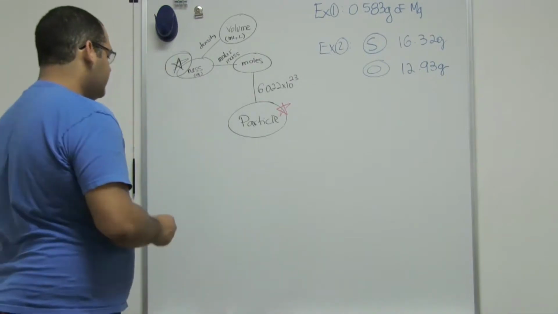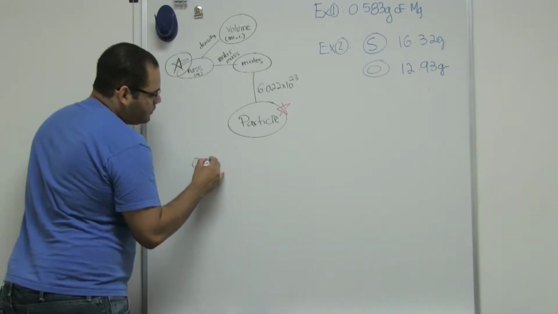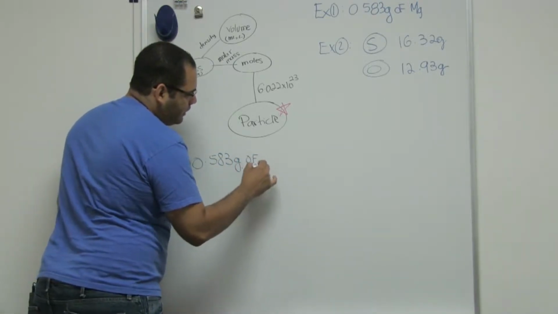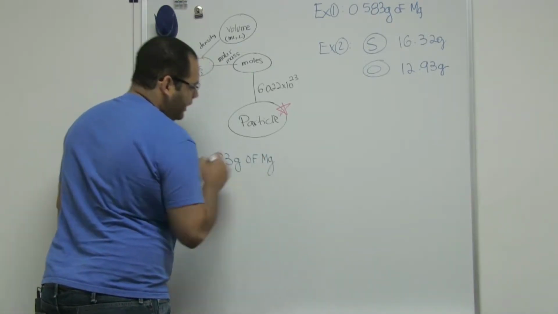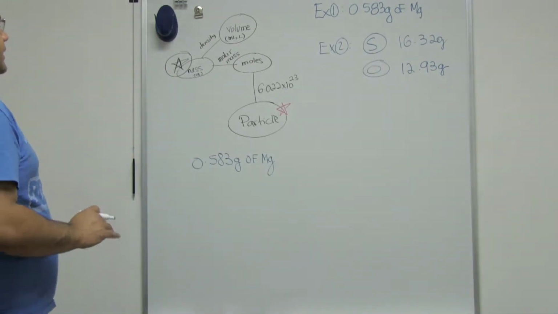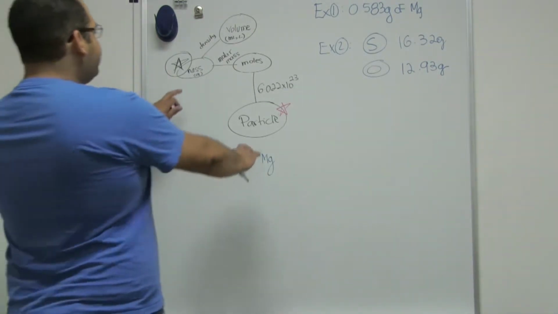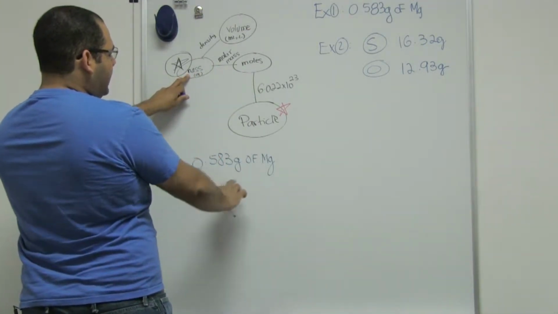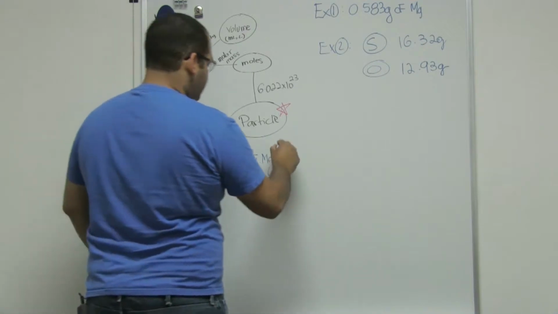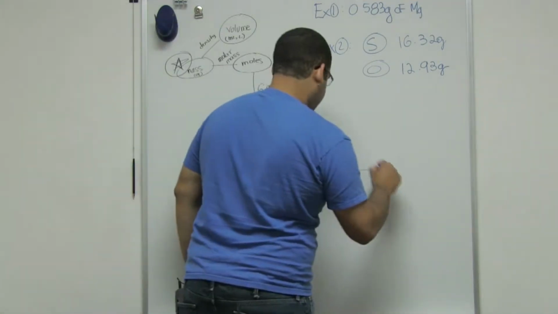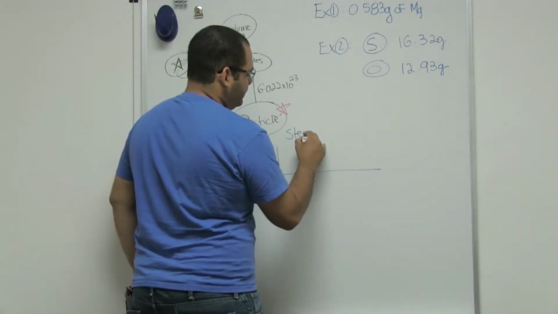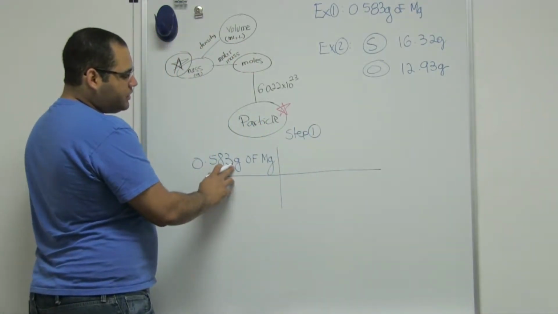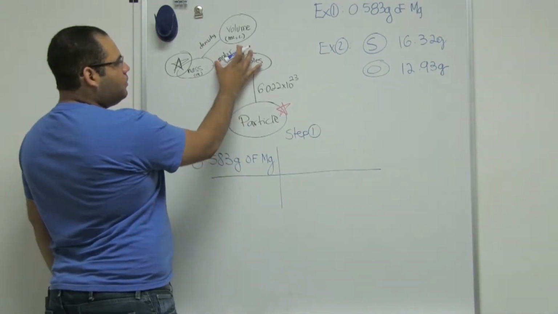So I have here what was given to me: 0.5H3 grams of Mg. I say, well, I need first to find how many moles are equivalent to 0.5H3. So my first step, I will call step number 1, is find the moles. I have grams in the top, and I will use my molar mass.